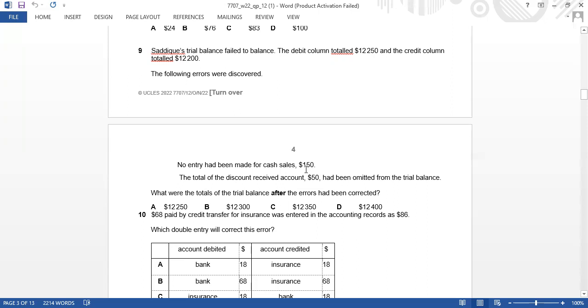That will give us 12400, and the credit column would be 12200 plus 50 plus 150 of the sales. That would give us 12400. So what are the totals of the trial balance after the errors correction? That will be 12400. Okay, moving towards question 10.